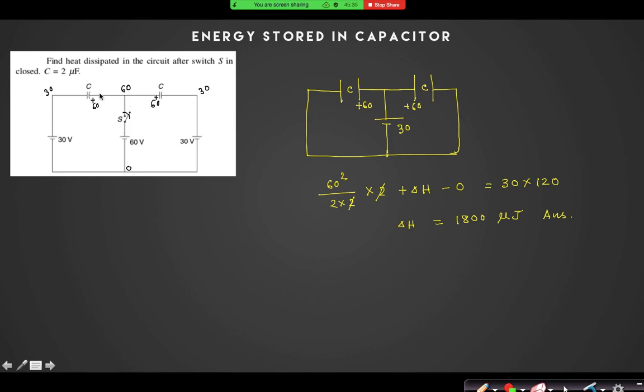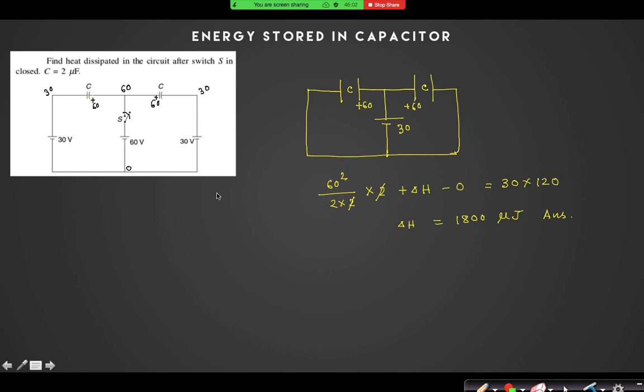Sir, how can we calculate the work done by the individual batteries? Work done by individual batteries will be difficult to calculate, because within that 60, you can calculate that this initial charge was 0.